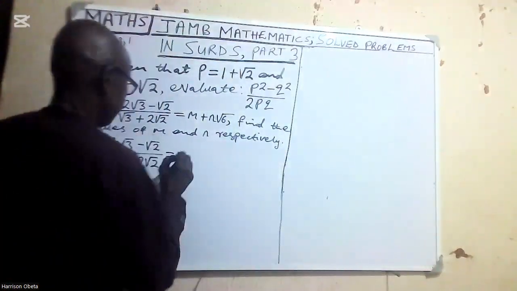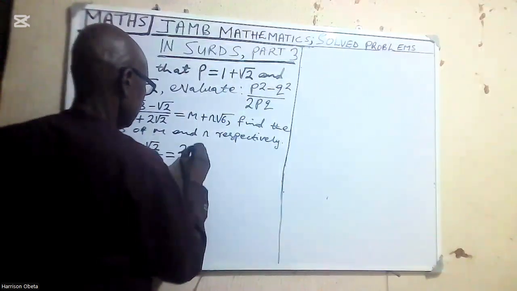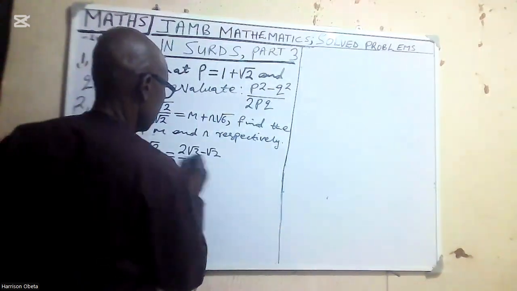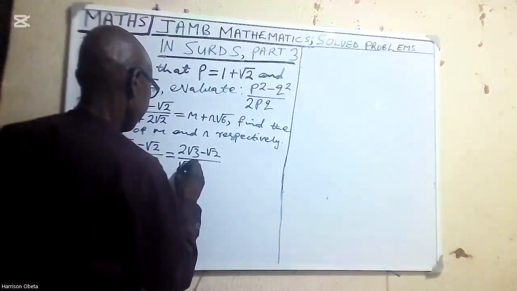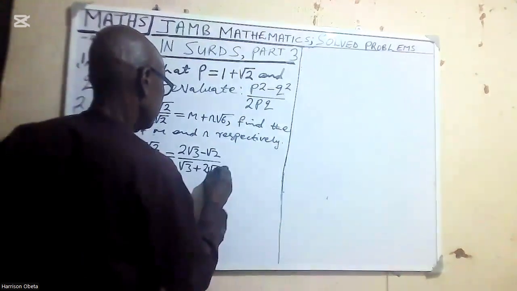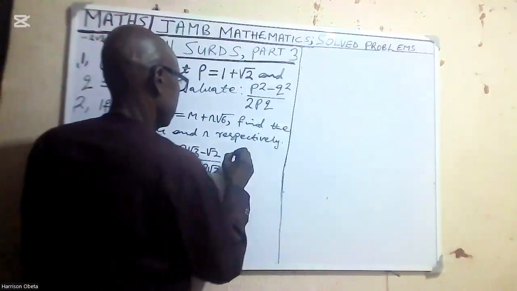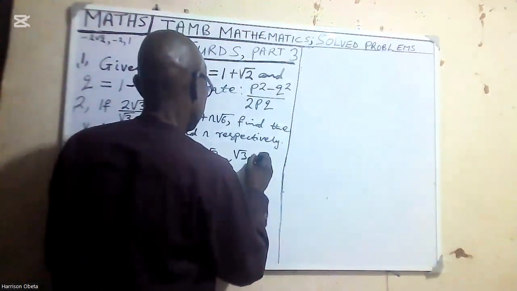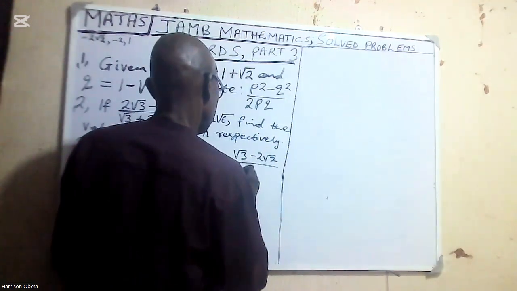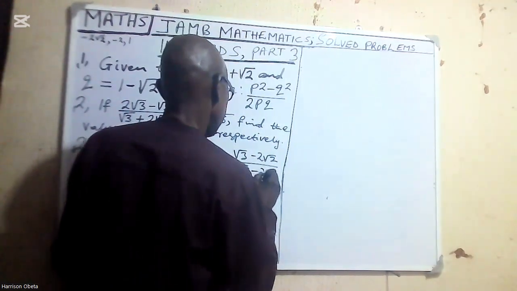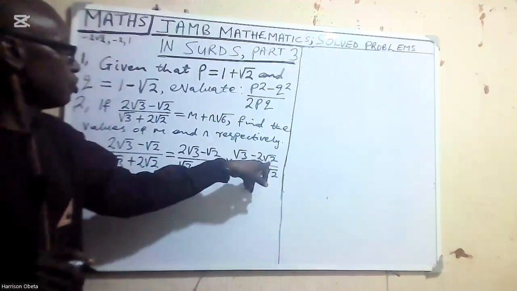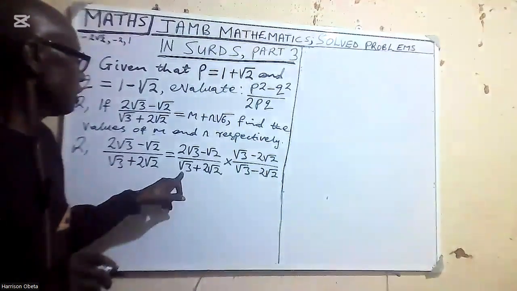That means we have 2 root 3 minus root 2 all over root 3 plus 2 root 2 times root 3 minus 2 root 2 all over root 3 minus 2 root 2. That is, root 3 minus 2 root 2 is the conjugate of root 3 plus 2 root 2.